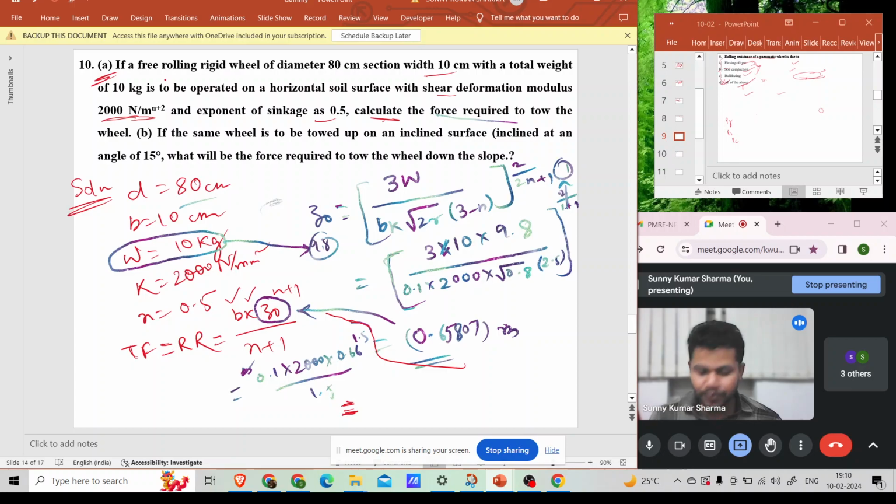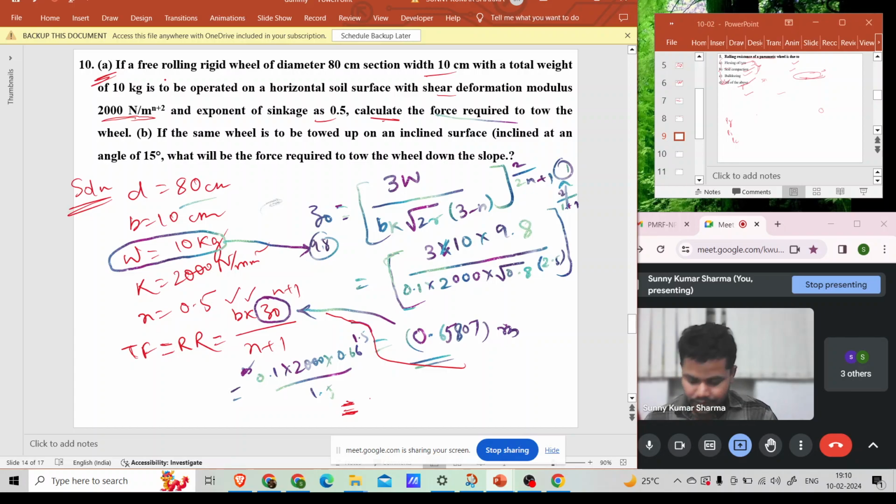What answer came, Sivaraman? 88. 0.1 into 2000 into 0.66 to the power.